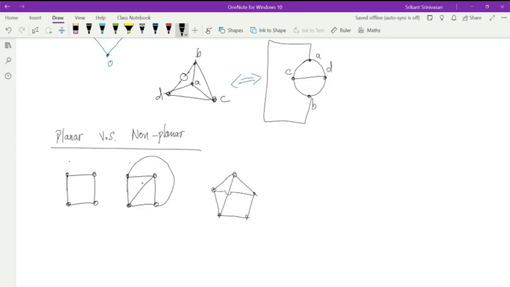Is this planar or non-planar? What do you say? This is still planar because I can do this.